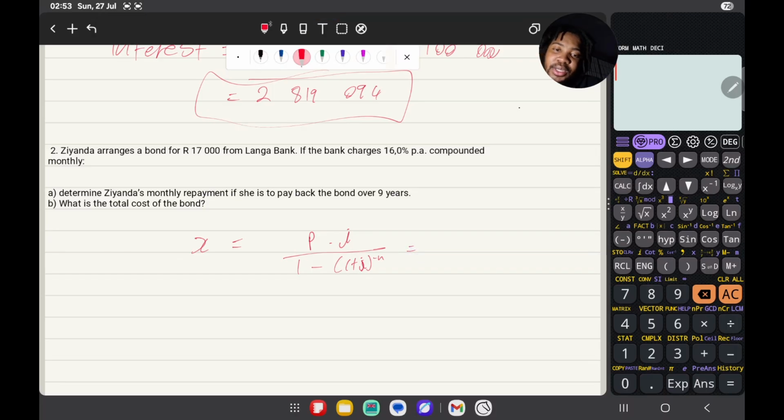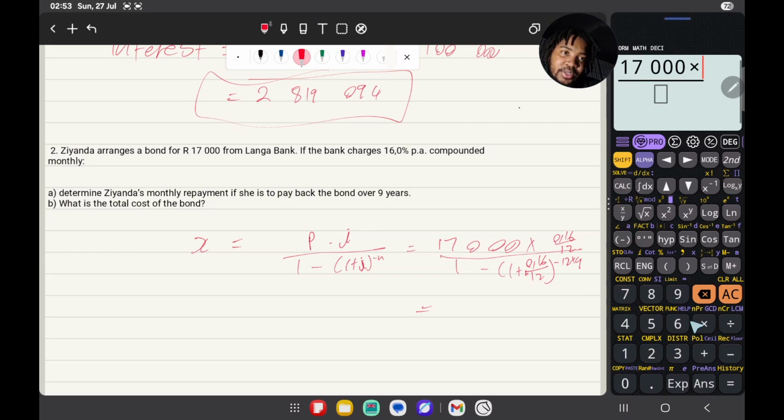And it's 170,123 times 0.16 over 12, because it's compounded monthly, 1 minus 1 plus 0.16 over 12 to the minus 12 times 9. A bit straightforward, and I think it was because of the previous question.